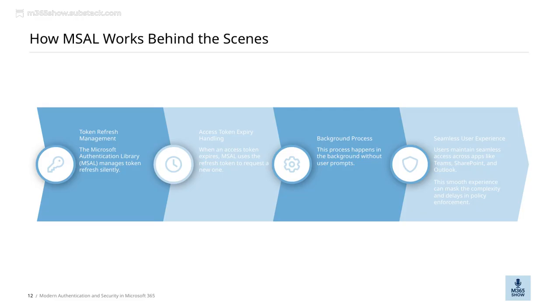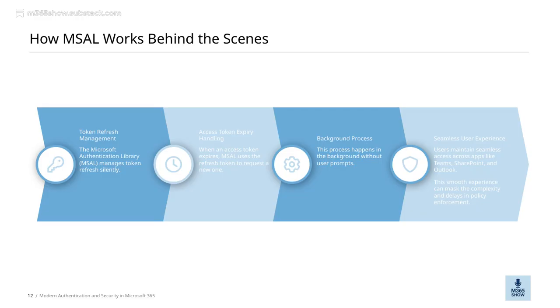Now, when an access token expires, which happens after a certain period, MSAL takes care of renewing it automatically. It uses a refresh token to request a new access token, so users don't have to manually log in again. This is called access token expiry handling, and it's a crucial part of maintaining continuous access without disruptions.